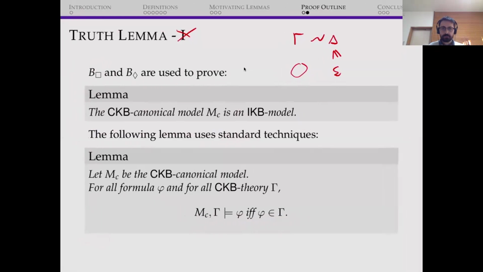So the trick is this. We show that the canonical model for the weaker logic is actually a model for the stronger logic. And from the truth lemma, you get completeness. If CKB doesn't prove something, you extend it to a theory, and the theory in the model doesn't satisfy that, so IKB doesn't prove it, and you flip it, and you get the result.